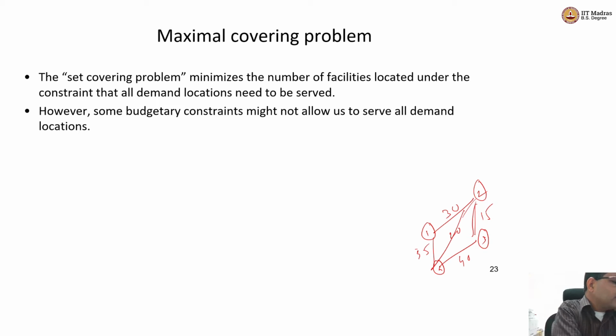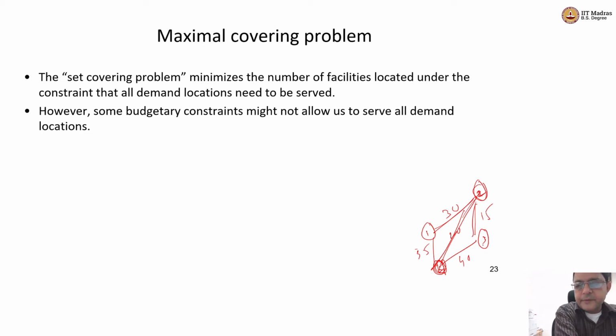So now let us say that I have a facility at 4, and my feasibility condition is that they cannot be traveling more than 30 miles. If I have a facility at 4, it only covers node 2. If I have a facility at 2, it covers node 1, node 4 and node 3.